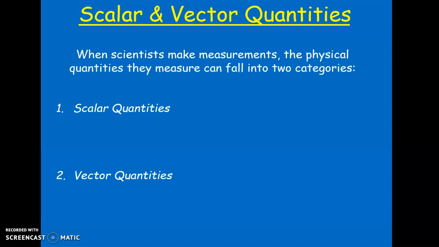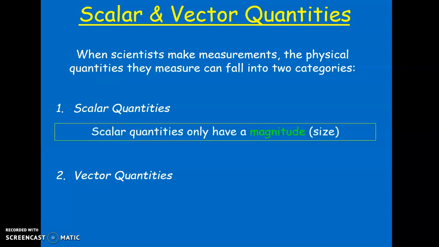When scientists make measurements, and in science we're always making measurements when we do experiments or make observations, the physical quantities, that's the things we can measure, fall into two main categories. We call them scalar quantities and vector quantities.